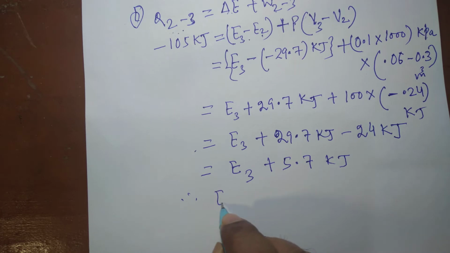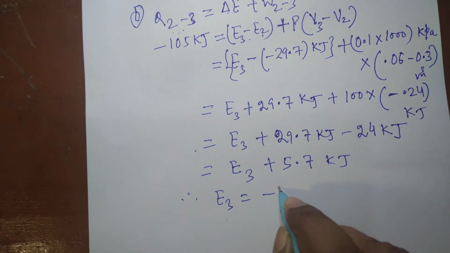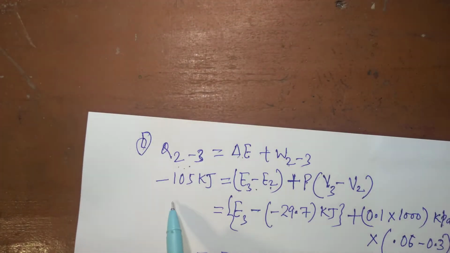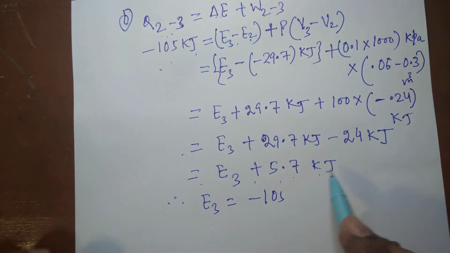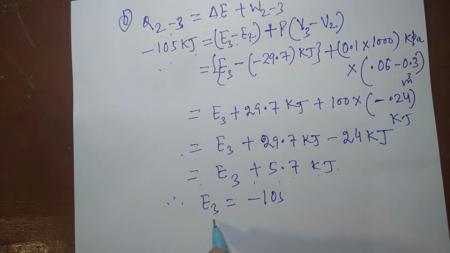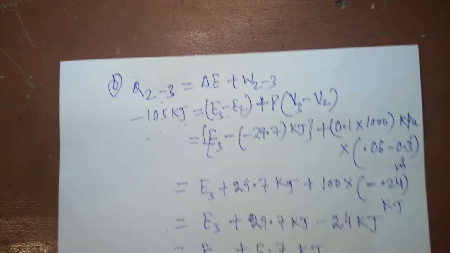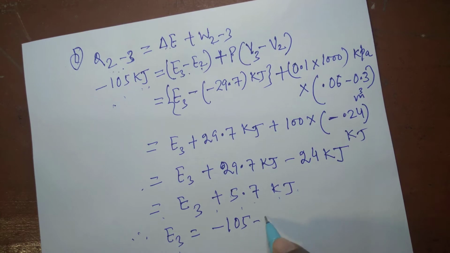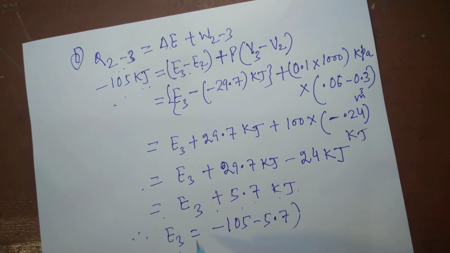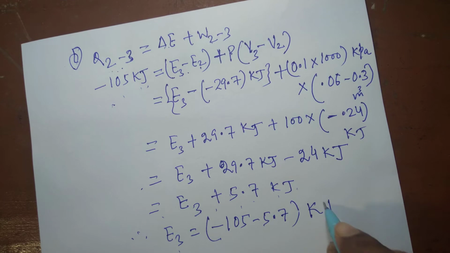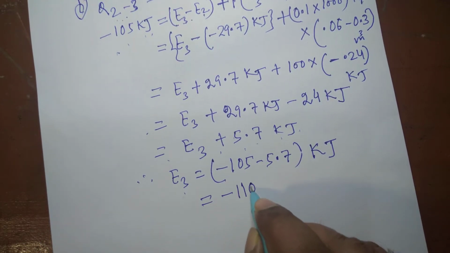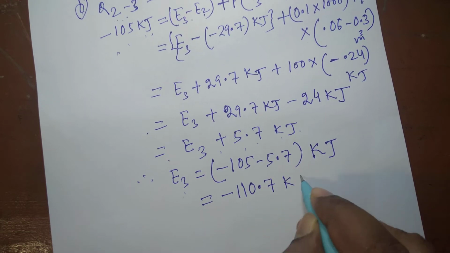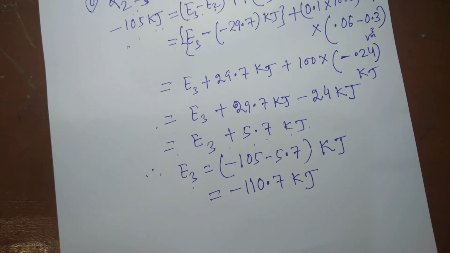Hence, we are required to find E3: minus 105 kilojoule is equal to E3 plus 5.7 kilojoule. So E3 will be minus 105 minus 5.7 kilojoule, which is equal to minus 110.7 kilojoule. In fact, the energy of the system decreases during the process.